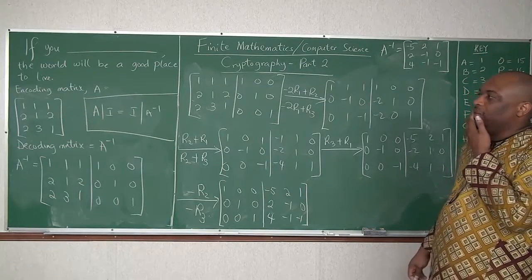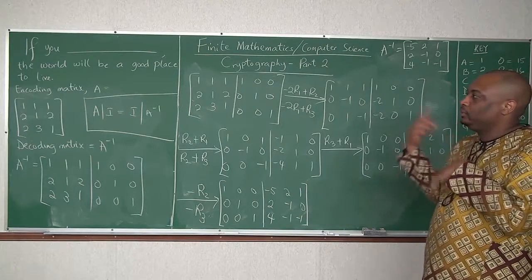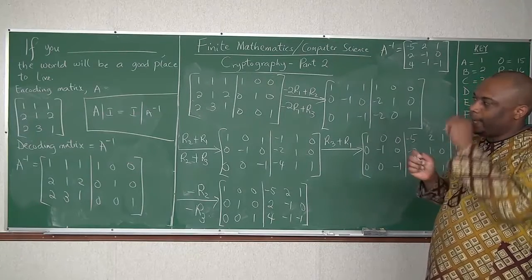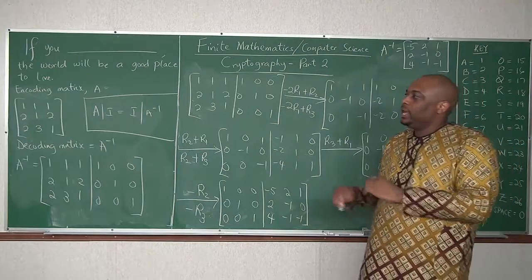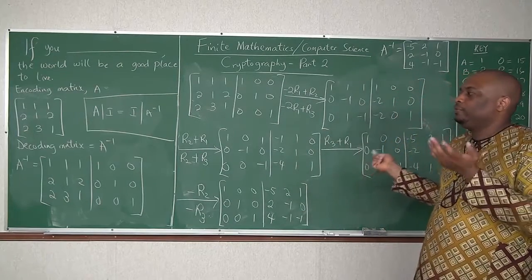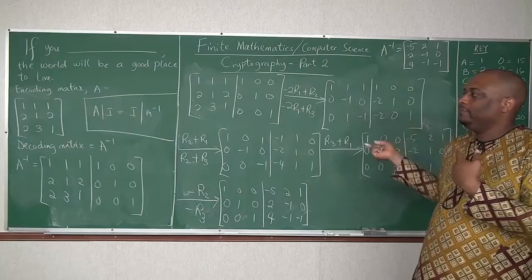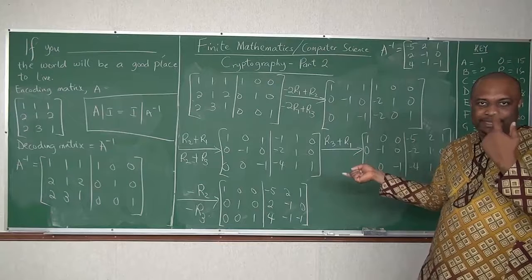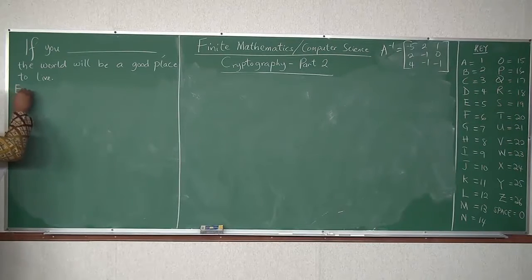Now, the next thing I'm going to do is write the encoded message, and then for us to decode the message, we have to multiply A inverse and the encoded message. Let's look at the encoded message.